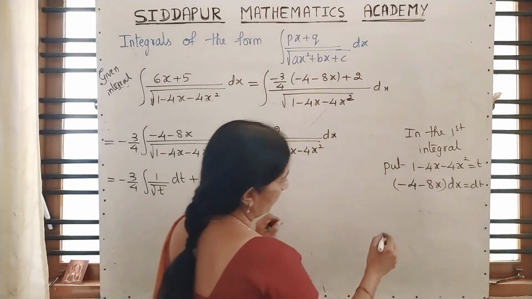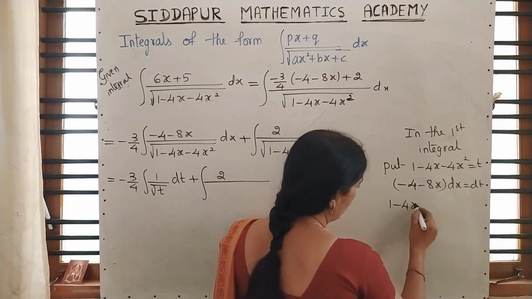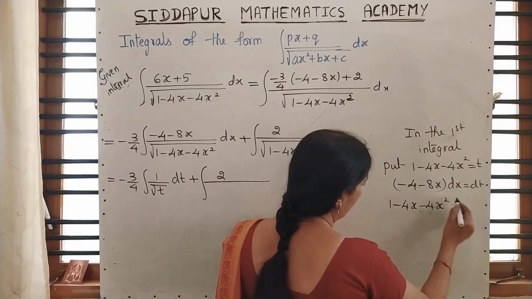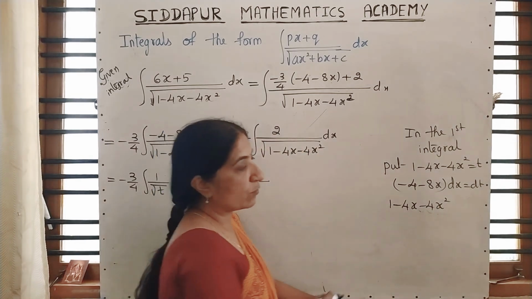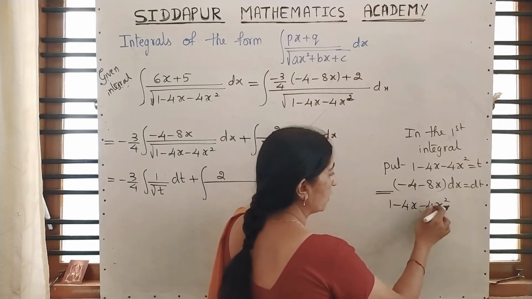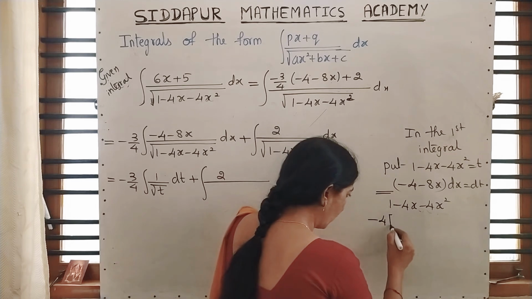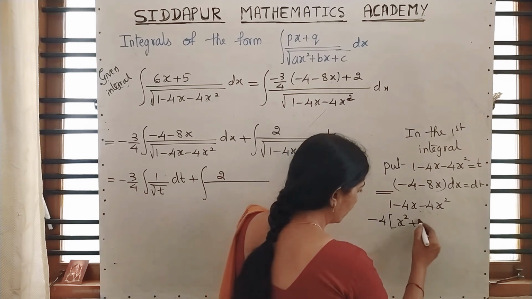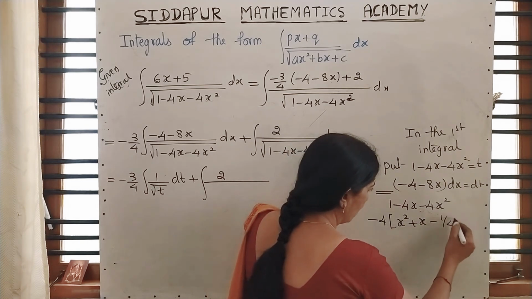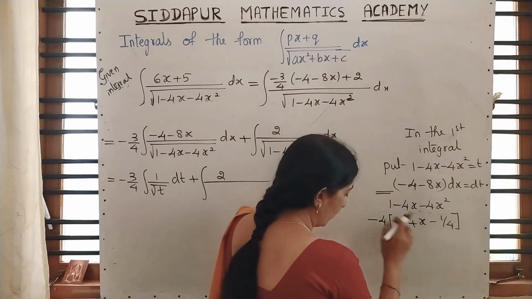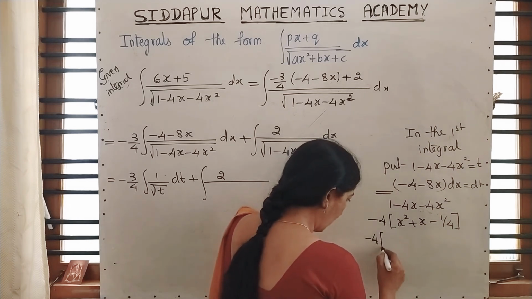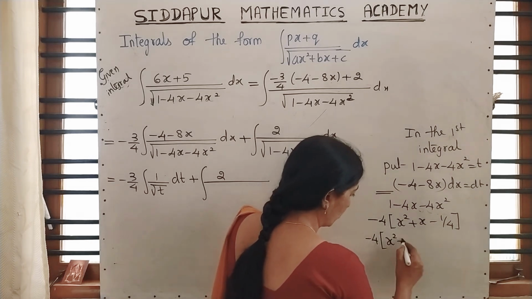To make a perfect square, the coefficient of x square should be plus 1. Here it is minus 4. Take minus 4 common. Now, the x coefficient is 1. Half of that is 1 by 2.